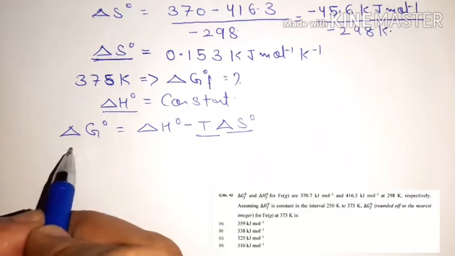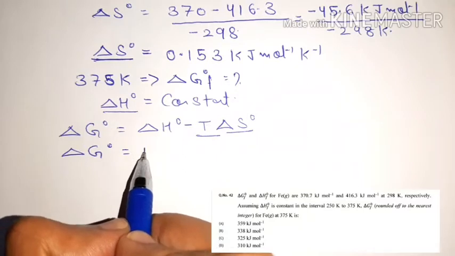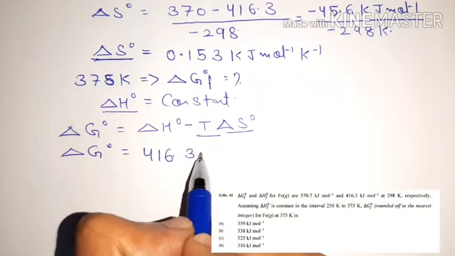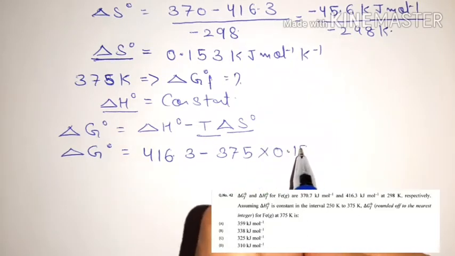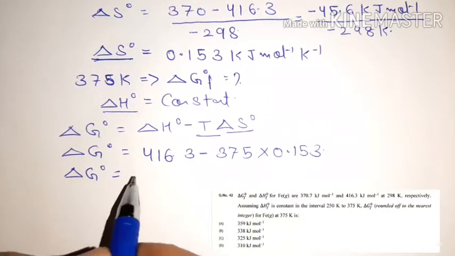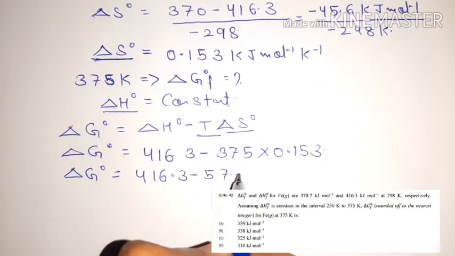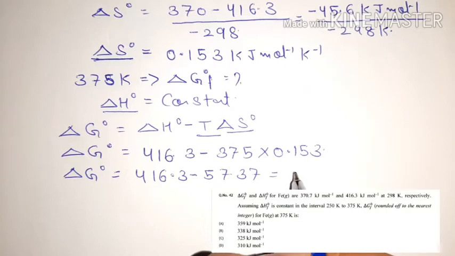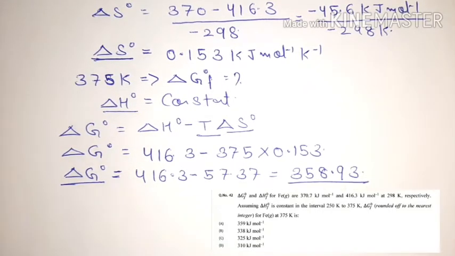Now put all the values in this equation. So the value of delta G naught is equal to delta H, that is 416.3 minus 375 into 0.153. Now when you use your calculator, it will give us 416.3 minus 57.37, which is equal to 358.93. So the value of delta G naught is 358.93.